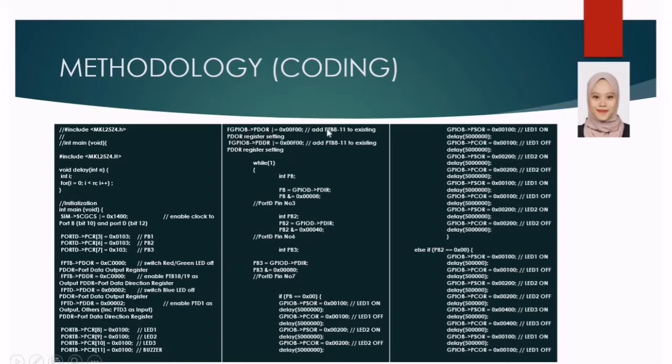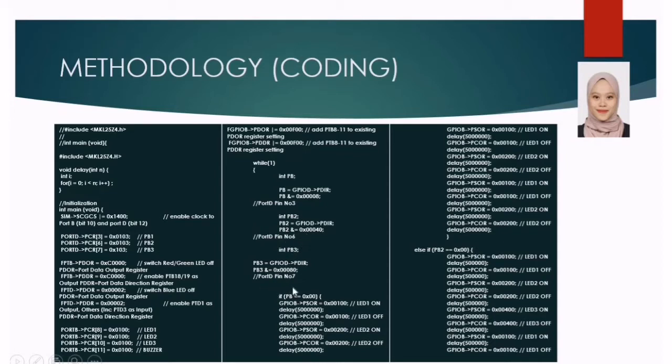For this coding, add PTB 8 to 11 to the existing PDOR register setting. For this, add PTB 8 to 11 to the existing PDDR register setting. This coding is for port D pin number 3. This one for port D pin number 6.